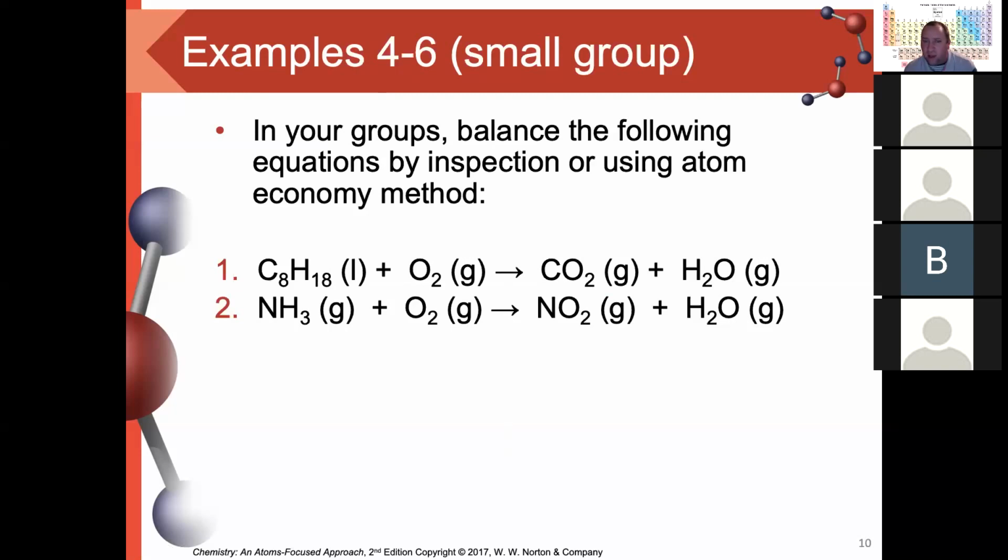Go ahead and try to balance these, and come up with the correct answers for what the coefficients should be. Once you have some answers of your own, feel free to share with each other and see if you guys are on the right track.